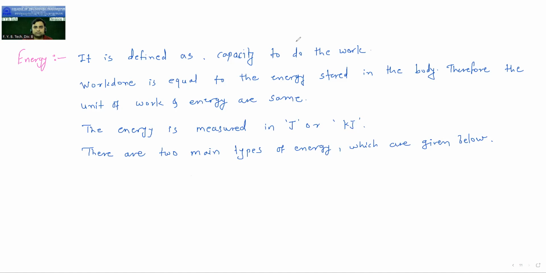First is potential energy. What is the potential energy?